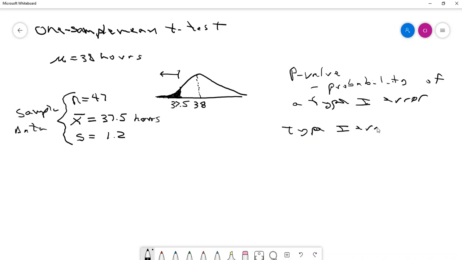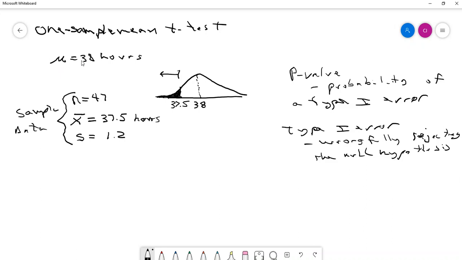Type 1 error is wrongfully rejecting the null hypothesis.